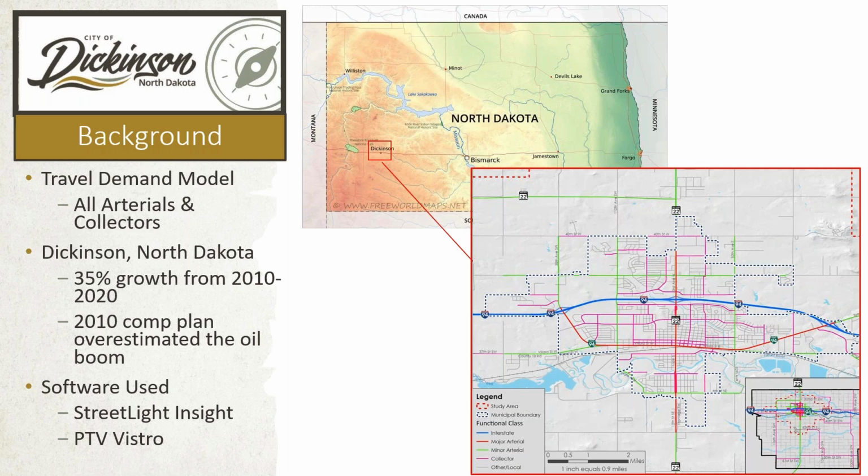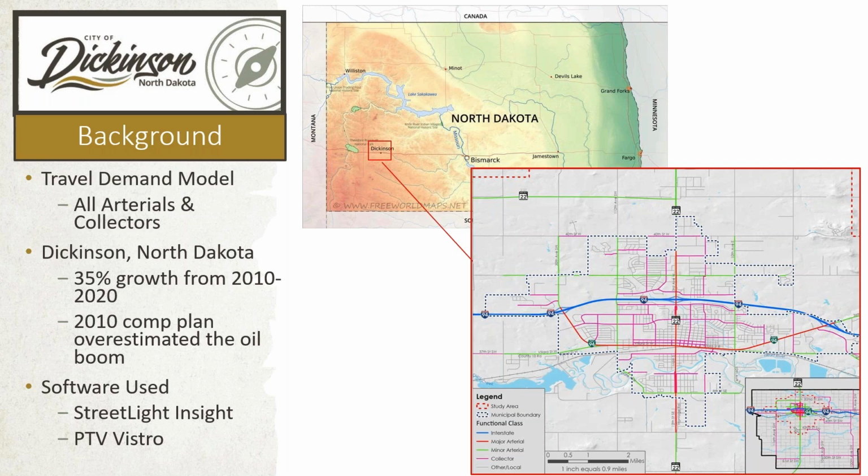During the mid-2010s, the oil boom in North Dakota significantly swelled the population within Dickinson, and it has since kind of evened out. But with the last comprehensive plan that Dickinson put together, they really overshot the growth expectations for Dickinson.